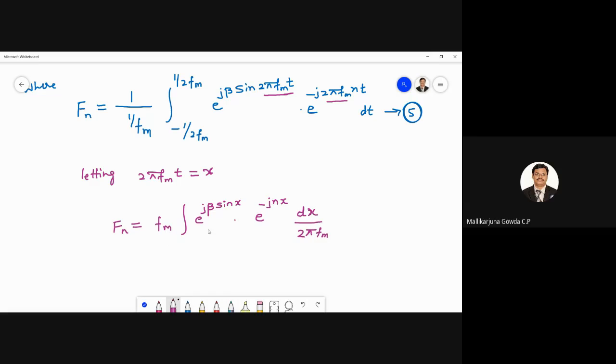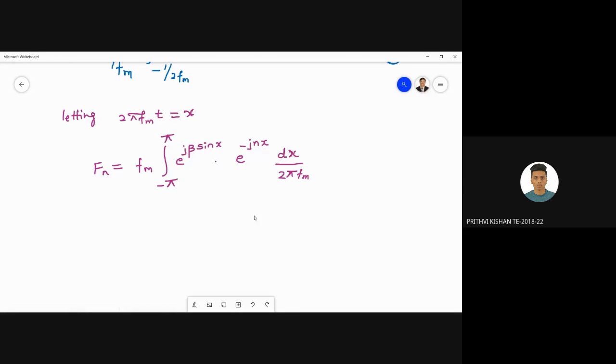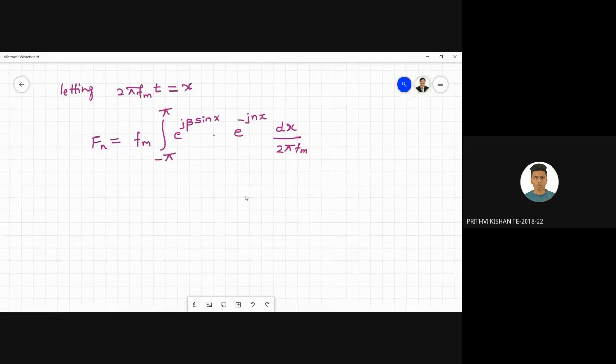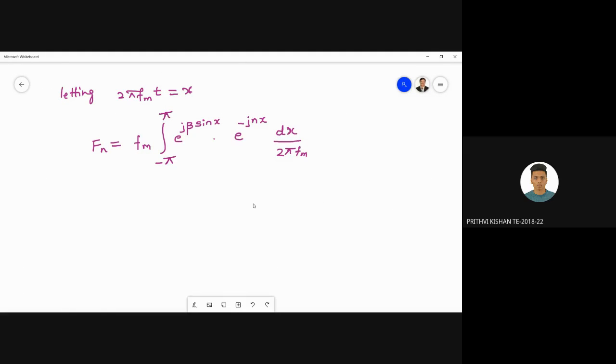Tell me the limits. The integral limits: minus pi to plus pi. 2 pi fm t is equal to x, I said, right?